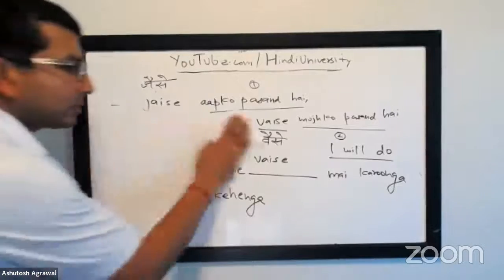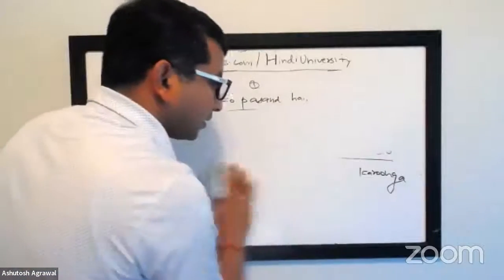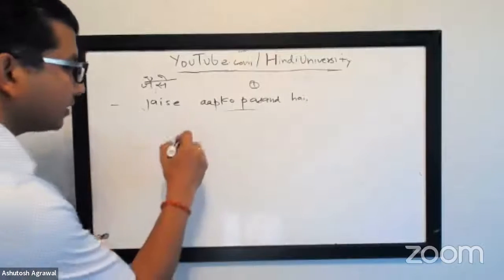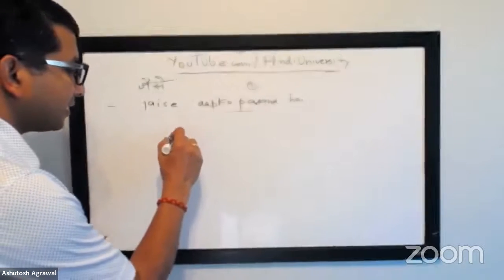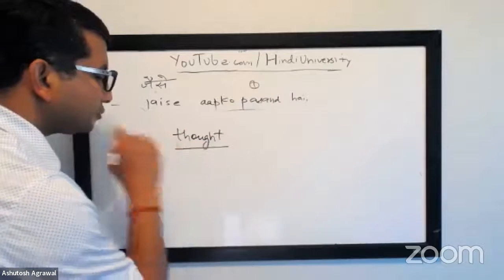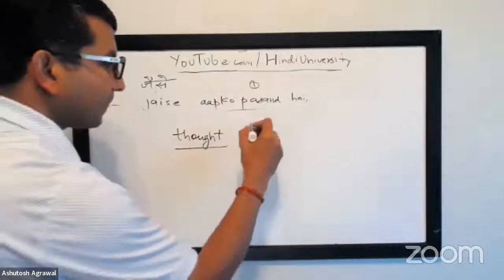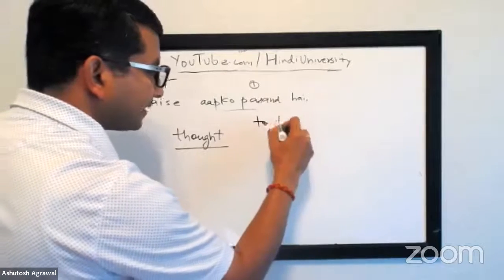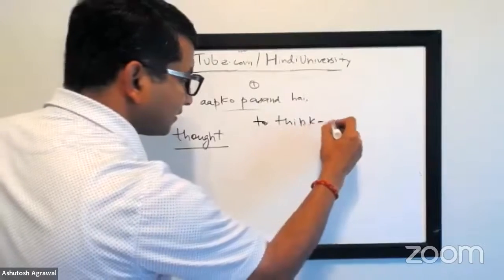Let's do one more. So imagine you have a sentence where you want to say, what is to think in Hindi? देखना. To think is सोचना. Very good. सोचना है.